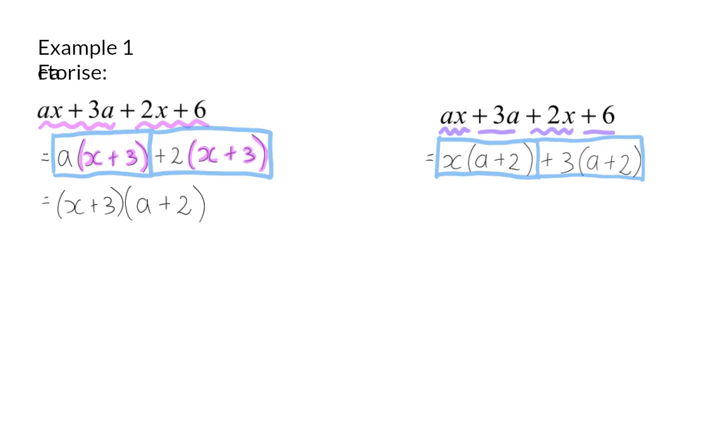So now once again we have 2 terms with a common factor, but this time that common factor is a plus 2. And once removed, I'm left with x in the first term and plus 3 in the second term. And here you can see that both options end up giving you the same 2 factors.